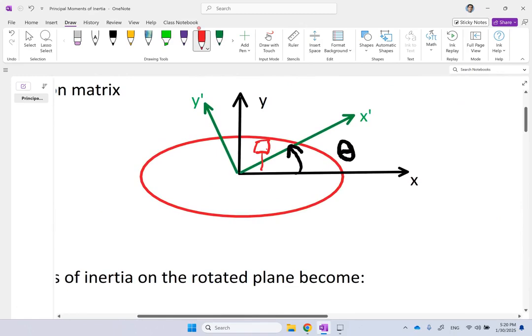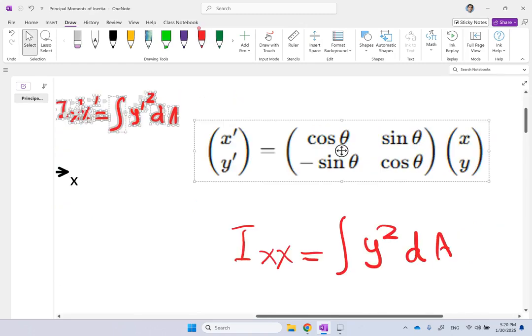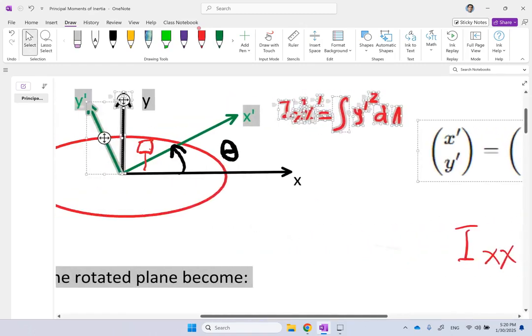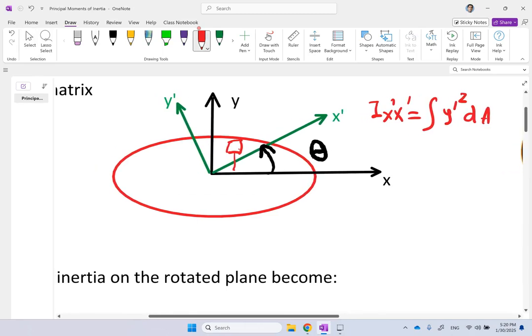Because in this case, it's going to be Ix'x', the integral of y prime squared dA. So now you need to square the y prime, and y prime, as you can see, is this distance. That is y prime, this is y, and clearly y prime in this case is smaller than y, and maybe in other areas is bigger.